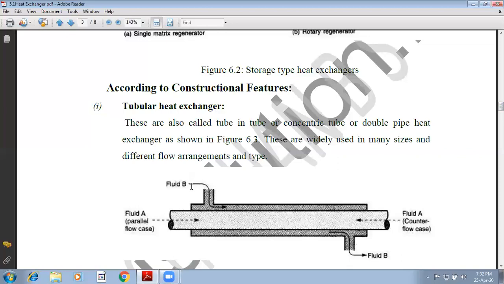Next, suppose fluid B is moving from left to right, whereas fluid A is moving from right to left, then they are opposite to each other. Fluid B is moving opposite to the direction of fluid A. Then we call this as counterflow heat exchanger.